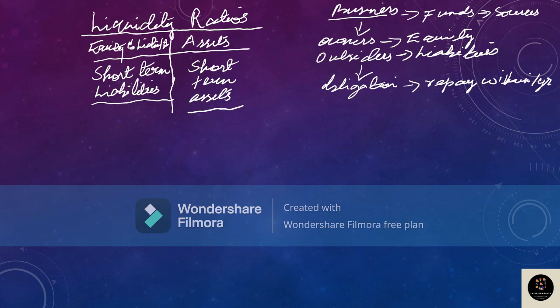And at the same time, there is an obligation to repay beyond 1 year, longer than 1 year.